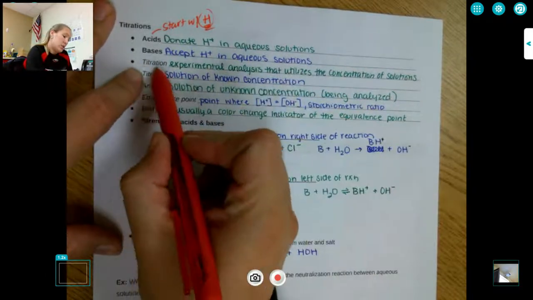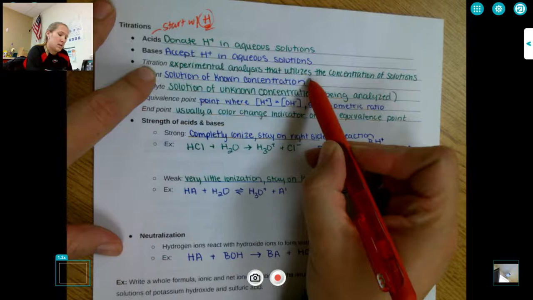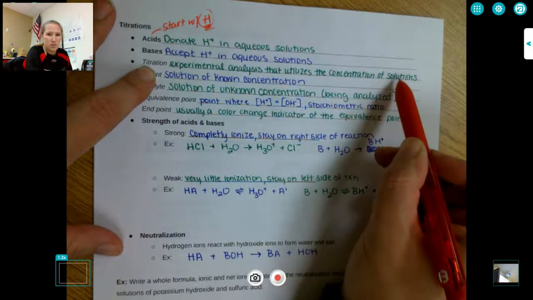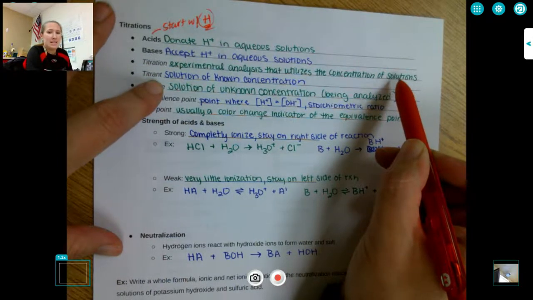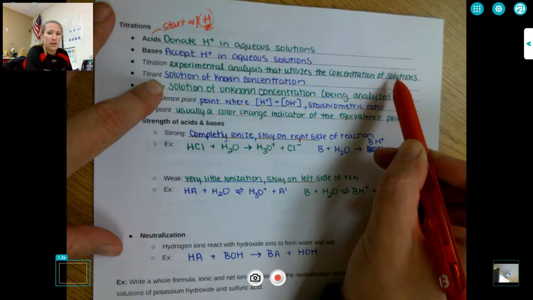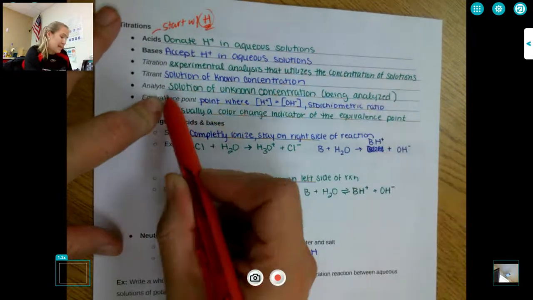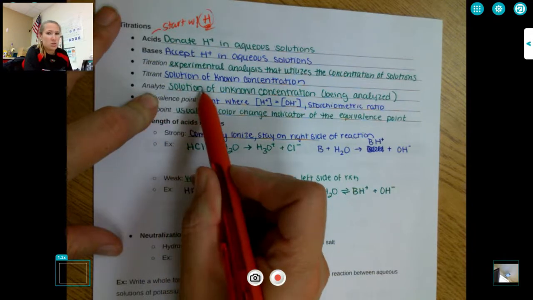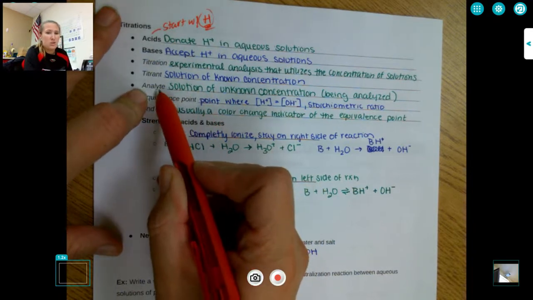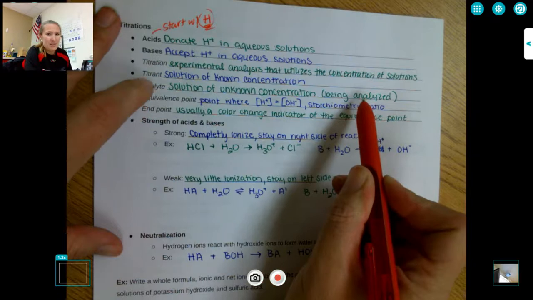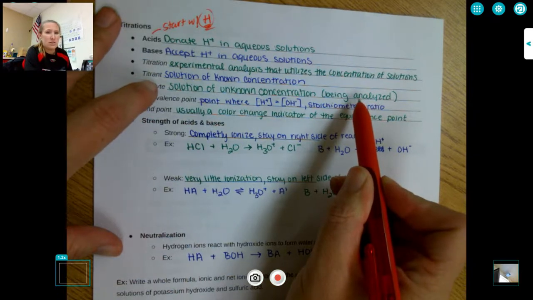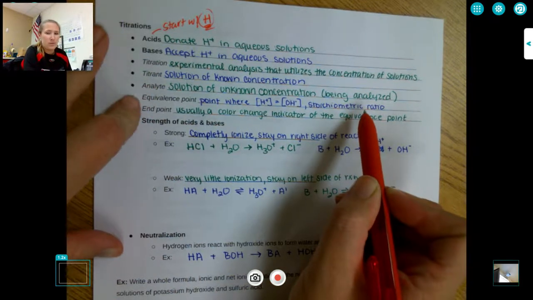We can do a titration, which is an experimental analysis that utilizes the concentration of solutions, where we take a titrant, the solution of known concentration, and we analyze an analyte, which is the solution of unknown concentration. So an analyte is analyzed by a titration using a titrant. So the words go together.